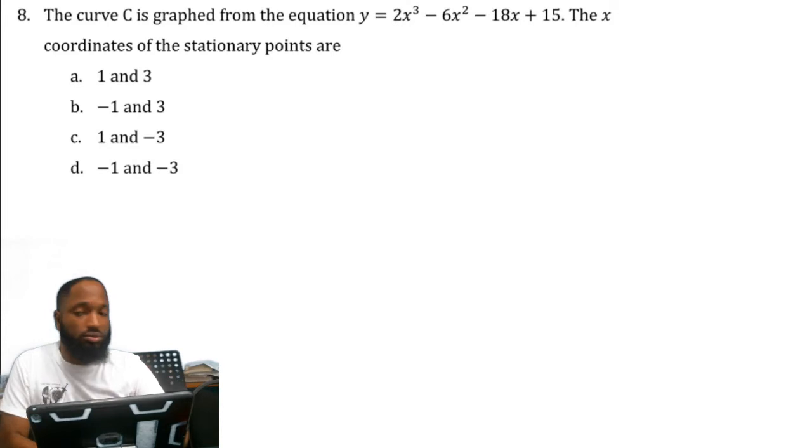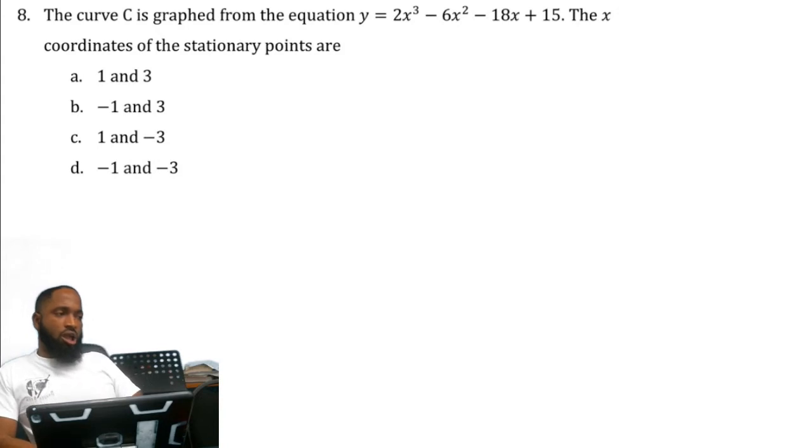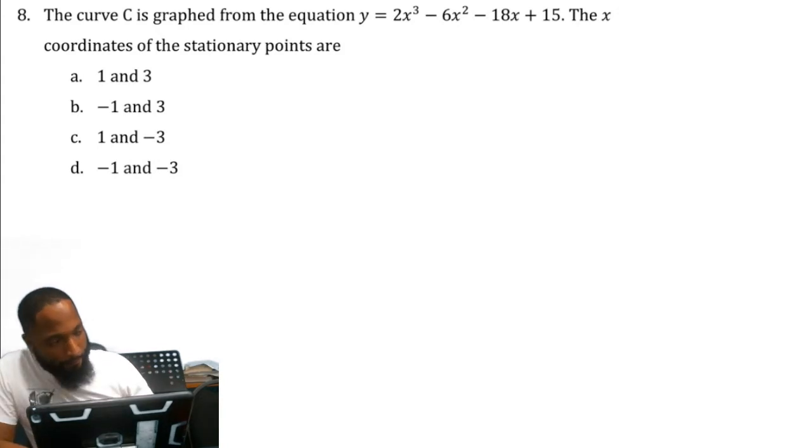So number 8, let me get the answer to number 8. Curve C is graphed from the equation. Alright, so you have a curve and this is the curve.